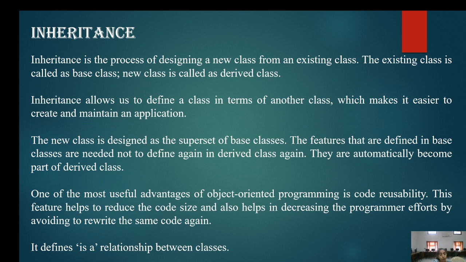So these new properties belong only to parrot, while the base class properties belong to birds as well as the parrot class. So parrot is a bird. So we can understand inheritance defines an is-a relationship between classes.